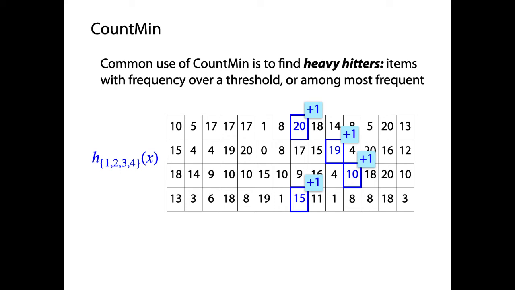If instead we are trying to find the most frequent items, let's say the top 10, we probably need to keep another data structure in addition.